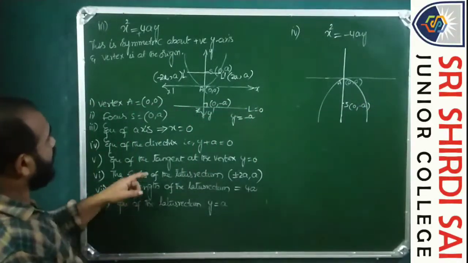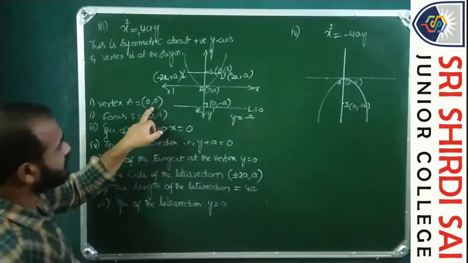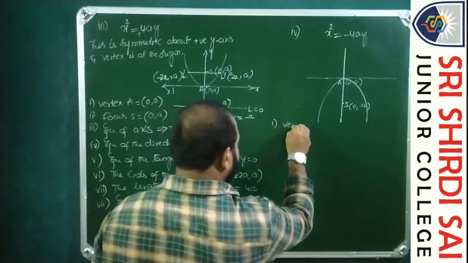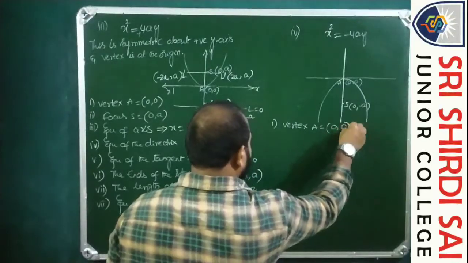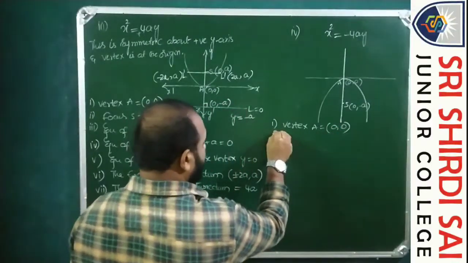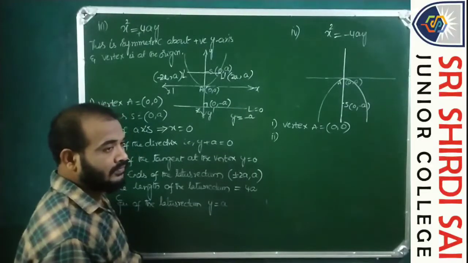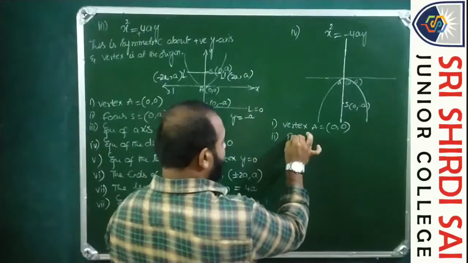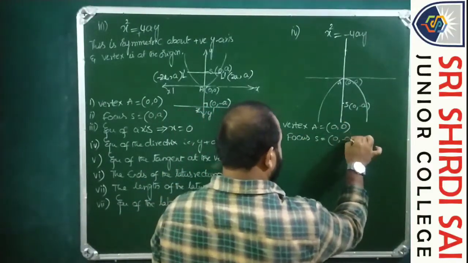First, what is the vertex here? The vertex is 0, 0. As we have discussed, the focus S is equal to 0 comma minus A.